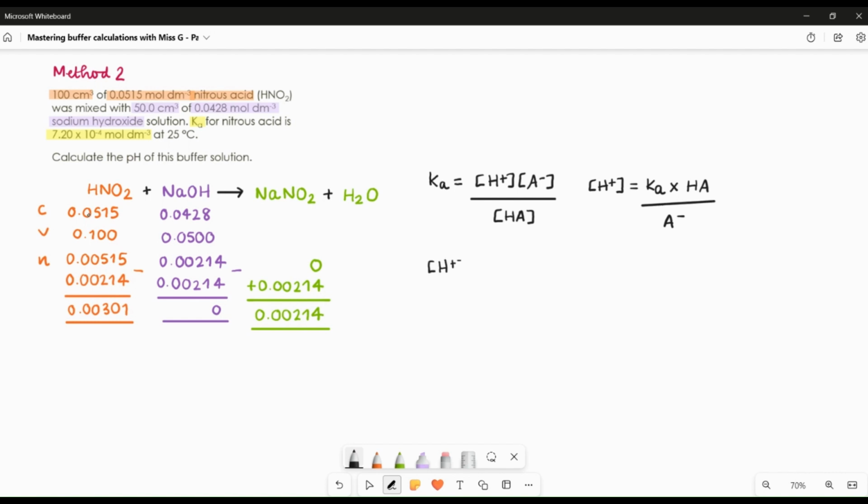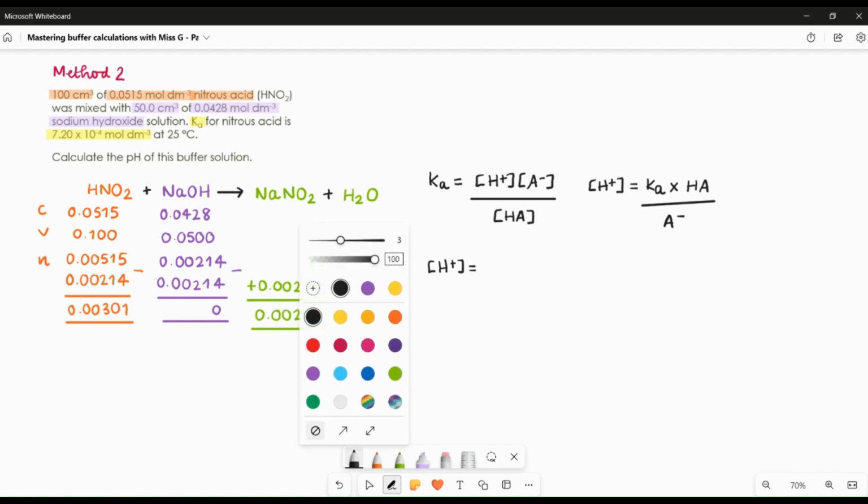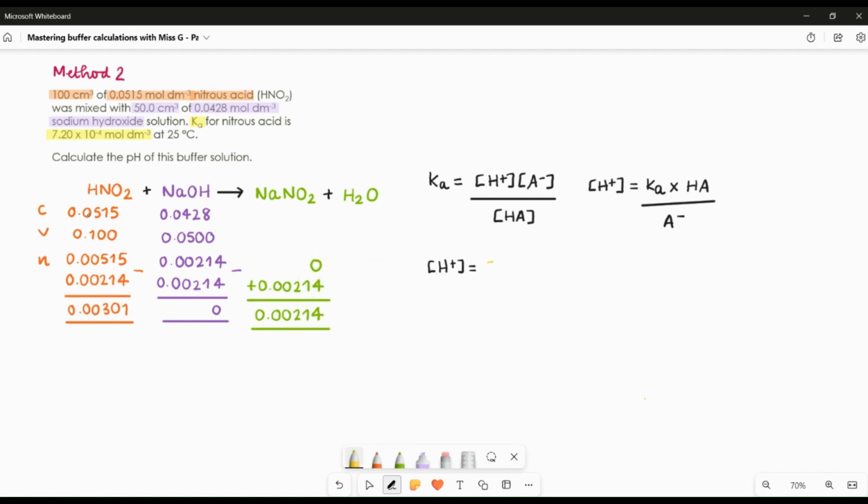So the H plus concentration is equal to the value for Ka, which we were given in the question as 7.20 times 10 to the minus 4 for the nitrous acid, times the moles of the weak acid, which is 0.00301, divided by the moles of the salt, which is 0.00214. So now I just need to work out what that is.